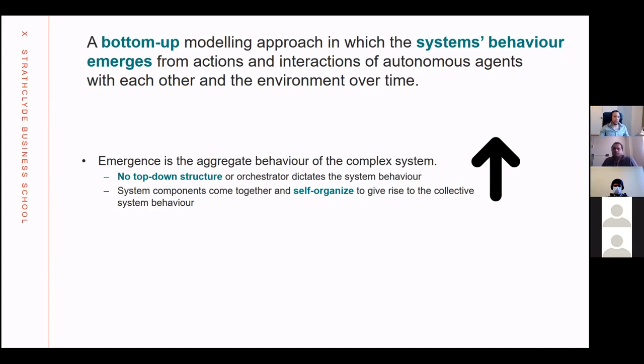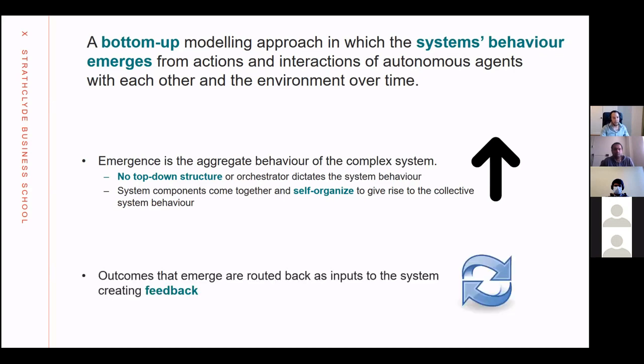Rather, the system components self-organize and come together, and the population-level or system-level behavior then emerges. And then the outcomes that emerge are routed back as inputs into the system, creating this feedback loop. So we might end up reaching some sort of equilibrium, but we might also never really reach an equilibrium if there are feedback loops that work in certain directions.